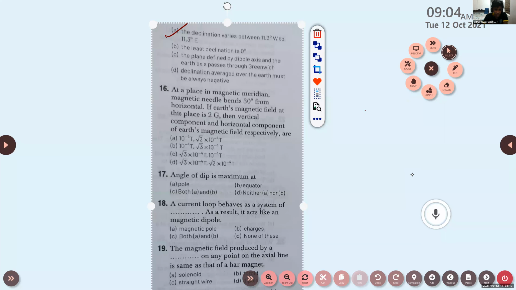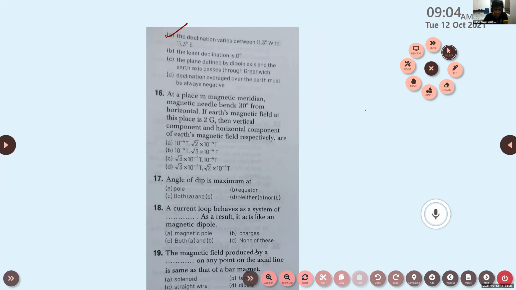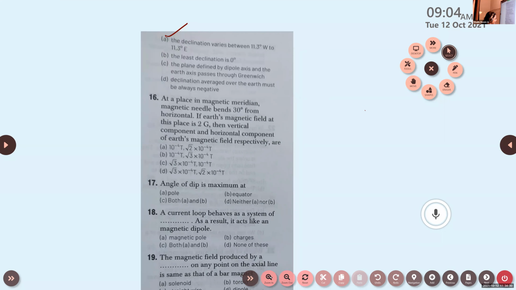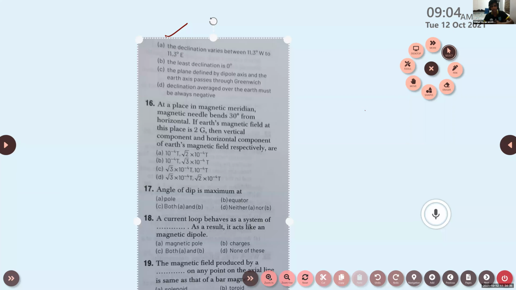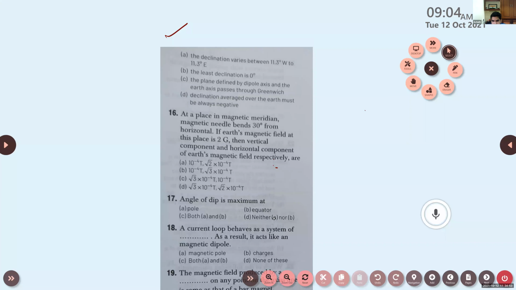Ma'am, we chose the 16th or 17th. The 16th one is not visible. No, ma'am. The maximum zoom in, I think. It's not working. No problem. Ma'am, it is okay. Okay.